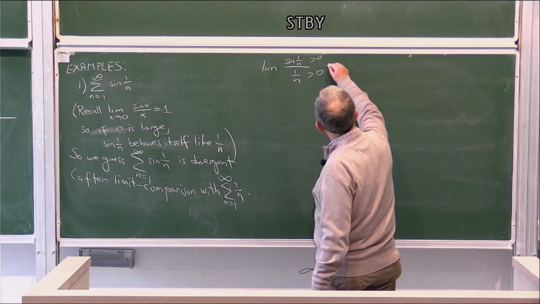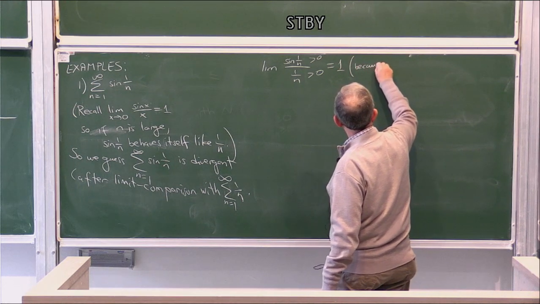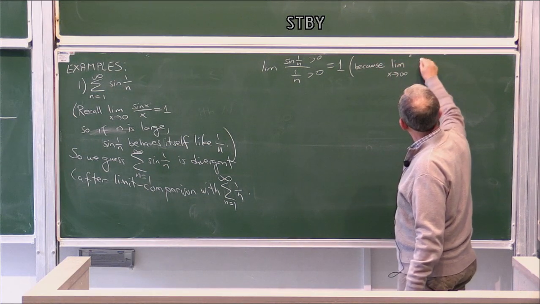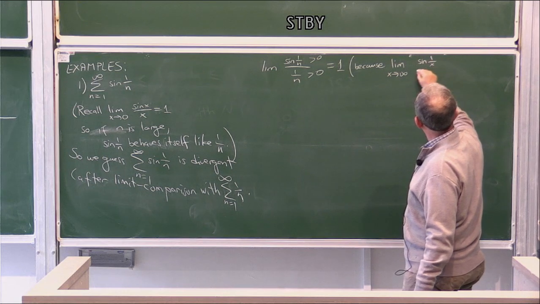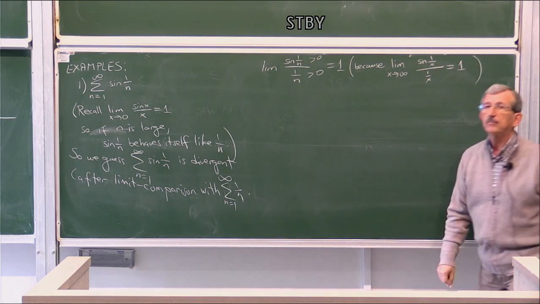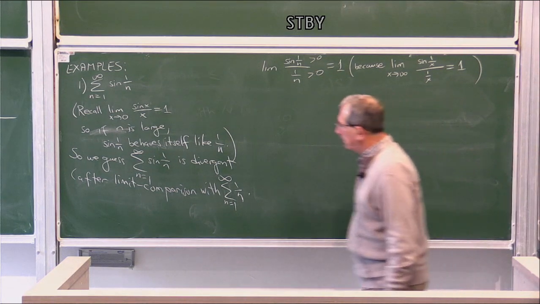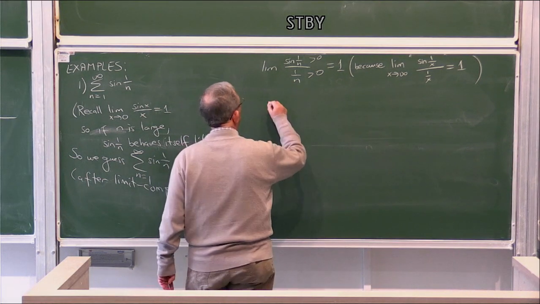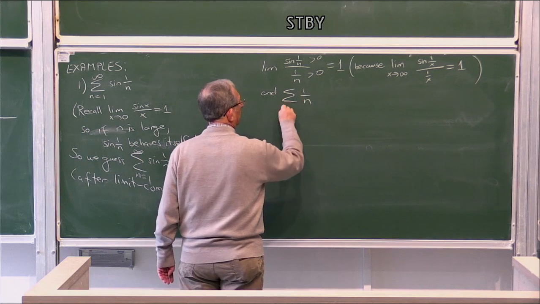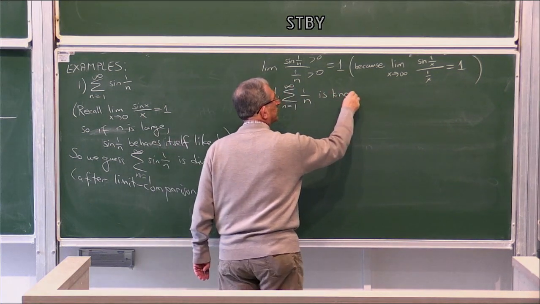Well, this is 1, because limit x going to infinity, sine 1 over x divided by 1 over x. So the sequence comes from a continuous function, and so we get that limit. And of course, the harmonic series 1 over n is known to be divergent.